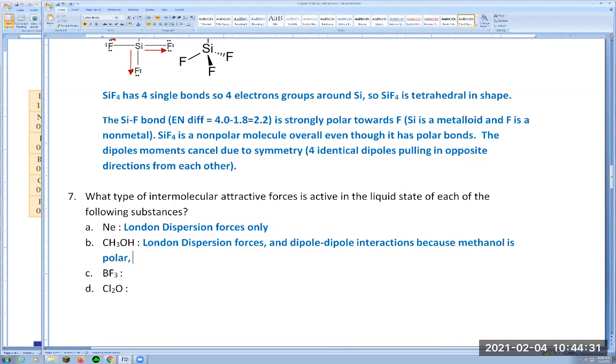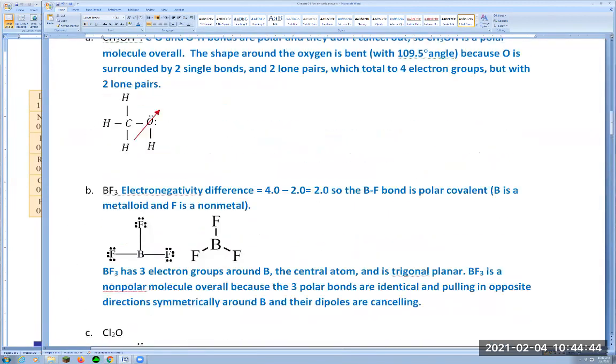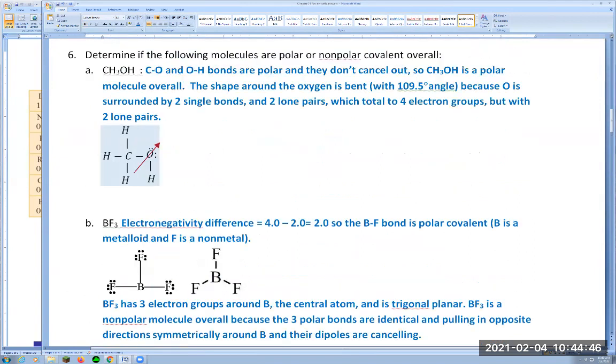For hydrogen bonding to occur, you need to have a hydrogen bonded to an oxygen, a fluorine, or a nitrogen. And here we do have a hydrogen bonded to an oxygen. If we look at the molecule again, we do have the hydrogen bonded to an oxygen. So this hydrogen will be attracted to the oxygen of other methanol molecules.